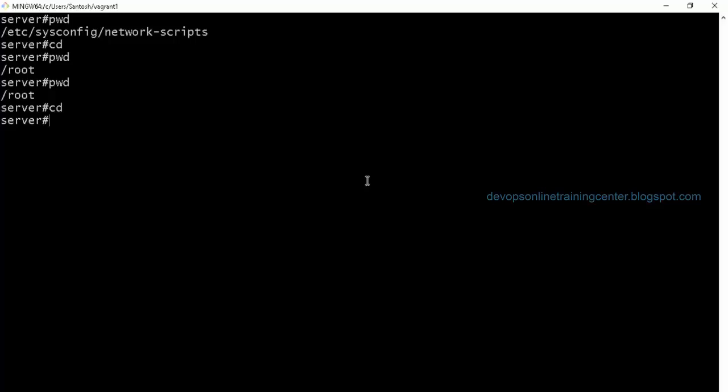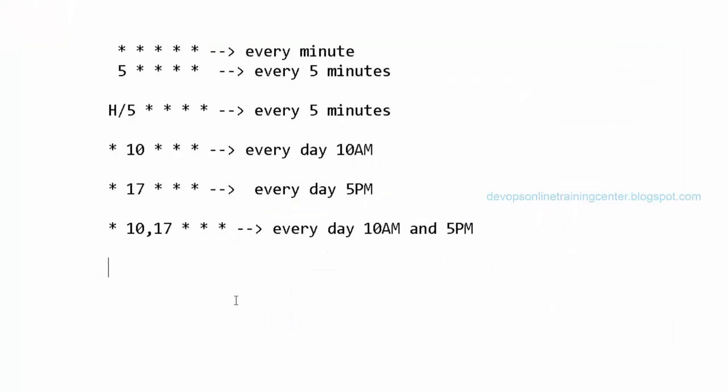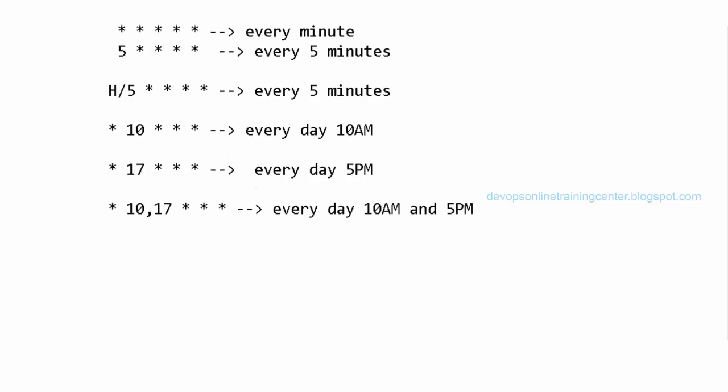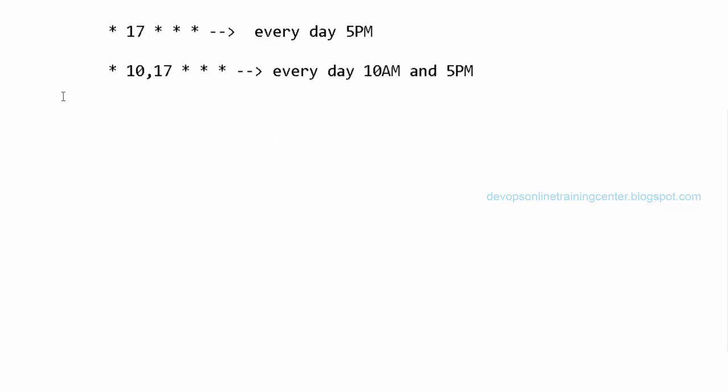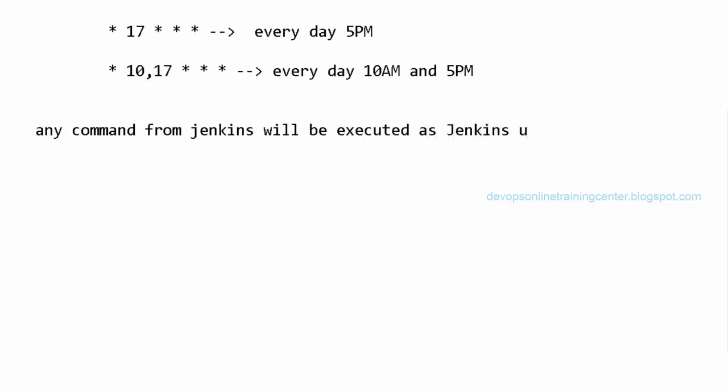But what happens is, with which user will this command be executed on the Jenkins slave? When I execute a command like ls, any command from Jenkins will be executed as the Jenkins user.